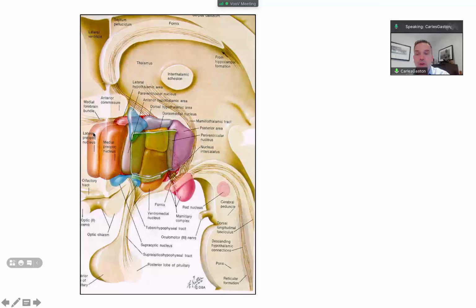If we look from anterior to posterior, we can see that each nucleus is defined also by its position in the hypothalamus. So we have the lateral preoptic nucleus, medial preoptic nucleus, farther down the supraoptic nucleus, ventromedial nucleus, and all the way to the posterior nucleus.